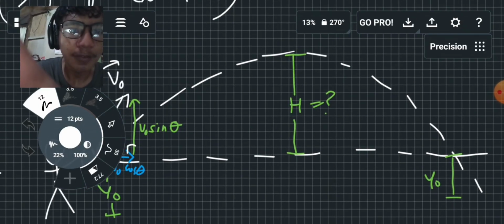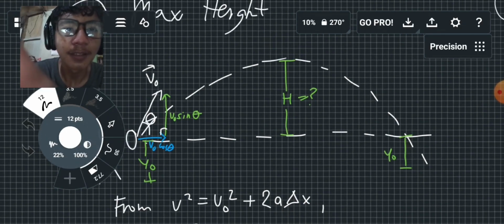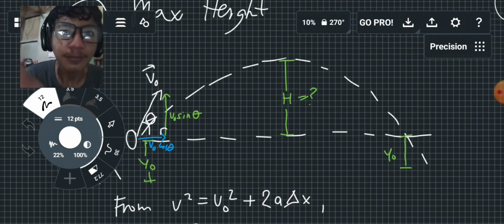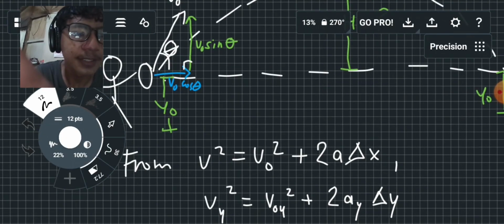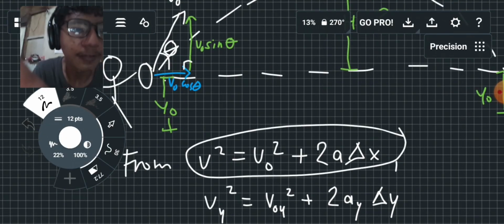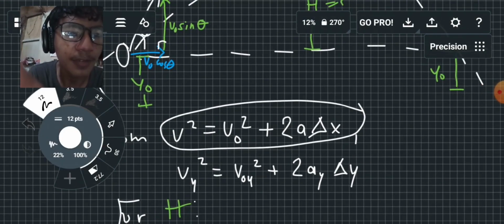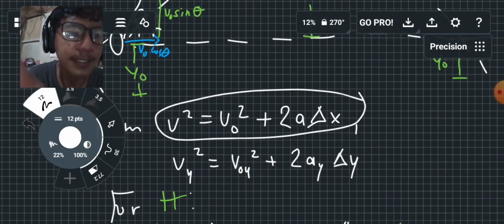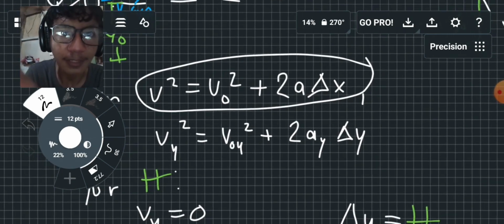Then we are also given the acceleration and velocity. We can find this using this general formula, which is v square equals v naught square plus 2a delta x. But in the y direction, we will have to translate that.